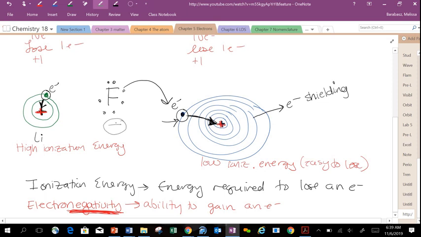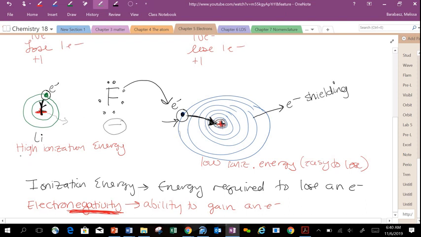Which nucleus is going to have a better chance of gaining it? So if we look, well again, this nucleus right here, so that one in cesium is so far away from the outside. It has so many levels to get through. So let's get 1, 2, 3, 4, 5 levels to get to the electron. This nucleus only has to get through 2 energy levels.